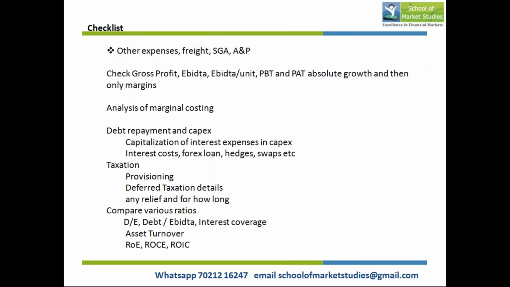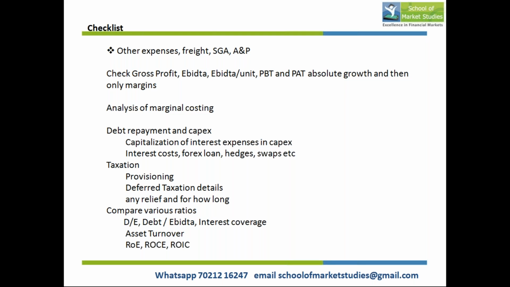That is important. Let us say you are manufacturing a million tons of steel. So your EBITDA per ton of steel is very important. Okay, if you are manufacturing cement, so EBITDA per ton is important. Your PBT is important, your PAT is important.